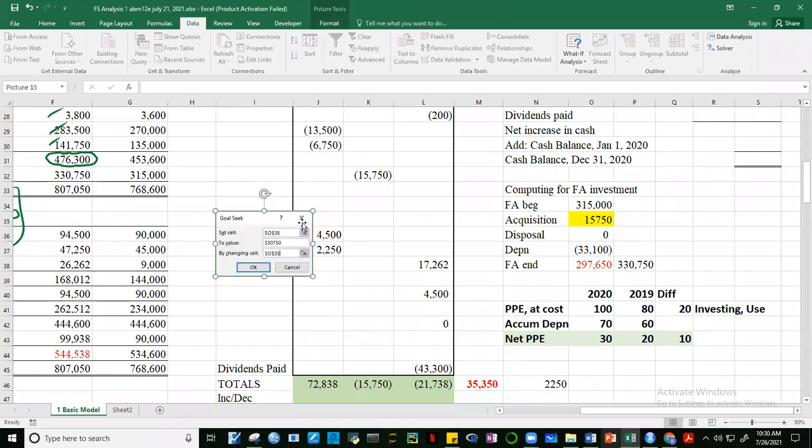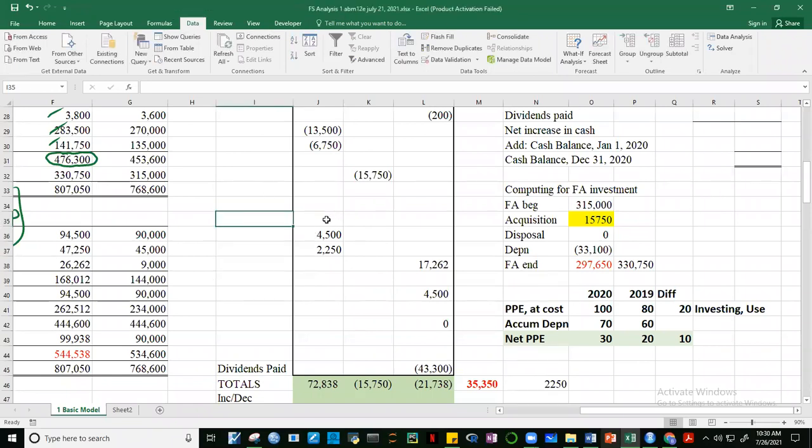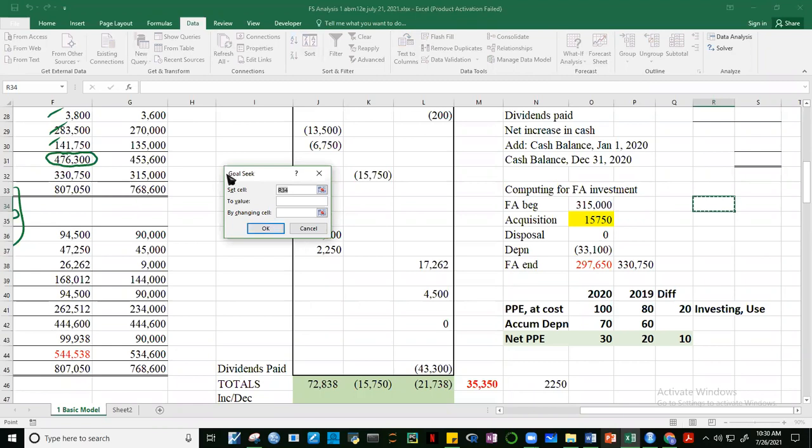Ayan, okay. So let's go back now to data. What if analysis, goal seek. Set cell, this one, equal to 330,750 by changing this cell, acquisition. Then I'll press muna Control Alt print screen para ma-print ko itong mamayang goal seek na to. And then, okay. So there, guys.